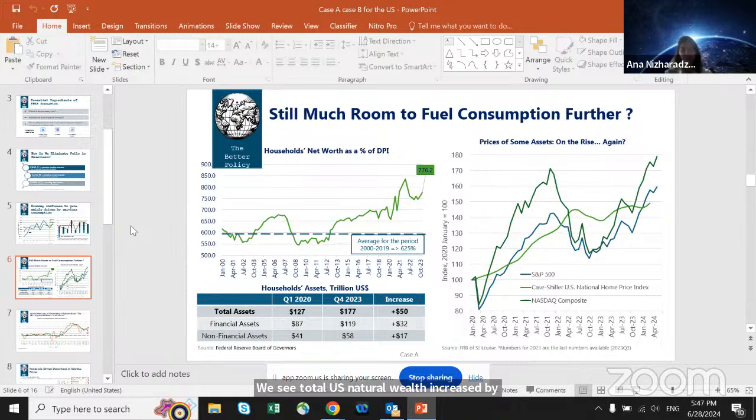It's more than the US GDP number of 2019. And the solid balance sheet of the US was primarily driven by massive accumulation in both financial as well as non-financial wealth. Under financial wealth, we mean the stock market, what happened at the stock market. Under non-financial wealth, we mean the real estate sector, both of which have increased.